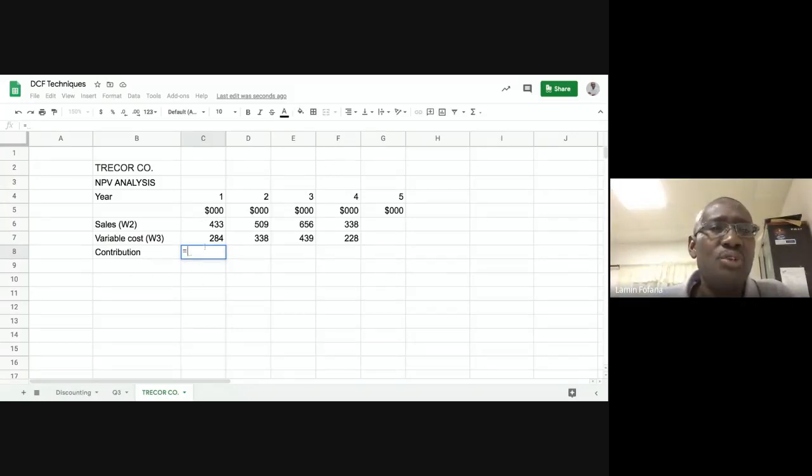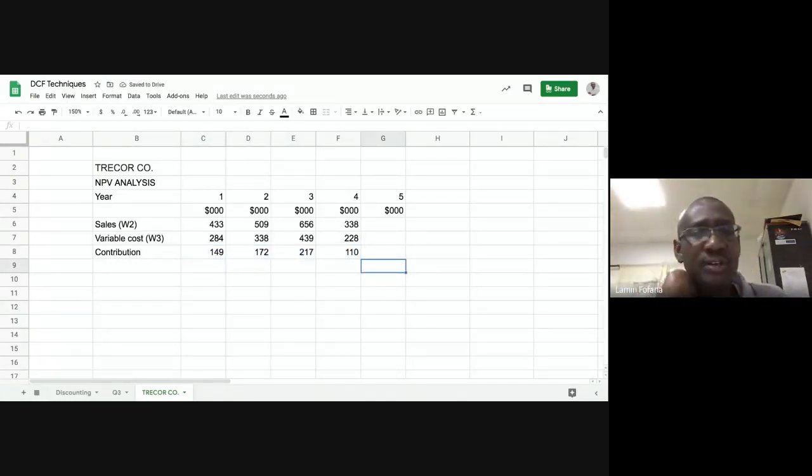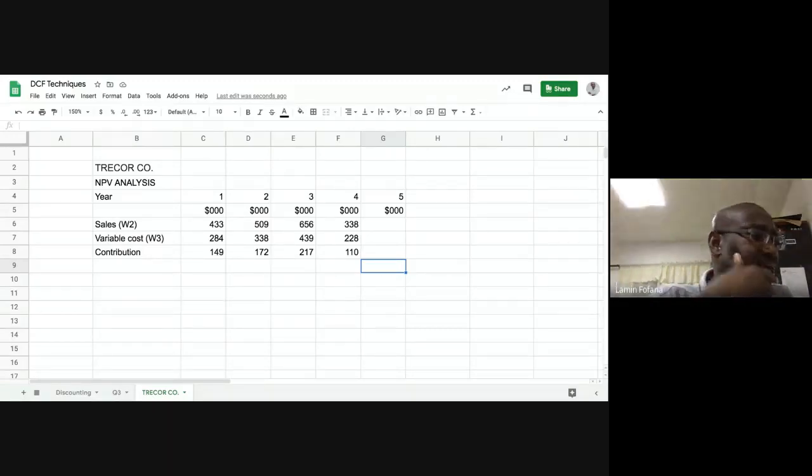So our contribution will be sales less variable cost. And we just replicate that. So we have a contribution of 149,000, 172,000, 217,000, and 110,000.